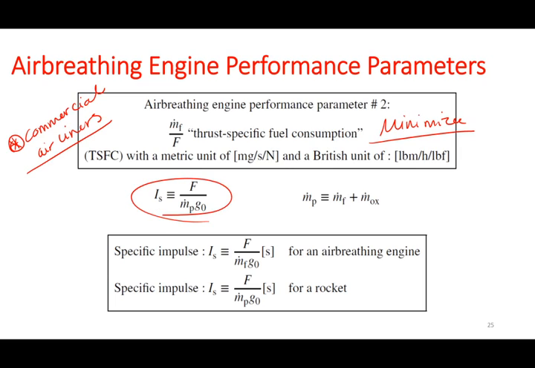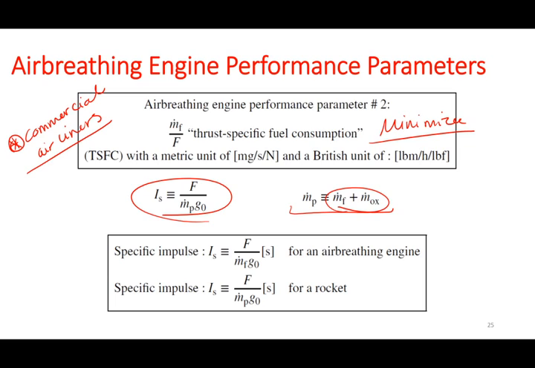That is defined as the thrust generated per amount of fuel spent multiplied by the gravitational acceleration. Okay, and if you're dealing with a rocket, your specific impulse should be calculated using the fuel mass flow rate plus the oxidizer mass flow rate.